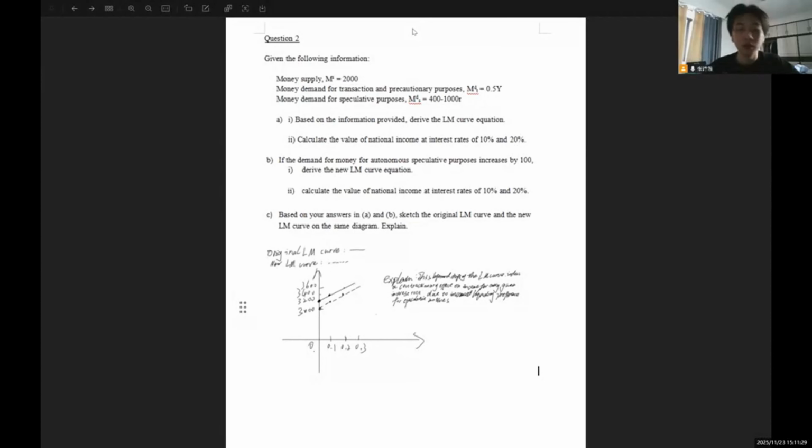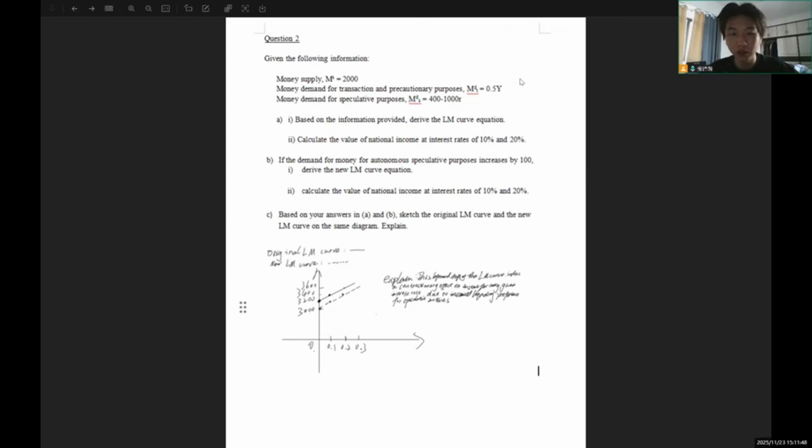Thank you. The LM curve representing money market equilibrium is derived from the given money supply and the demand components.